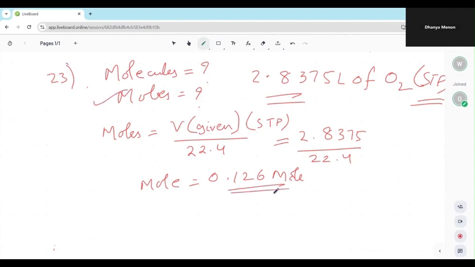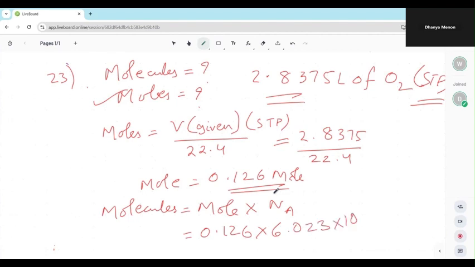Now, if you know the moles, you know the number of molecules. How do you find the number of molecules? The number of molecules equals moles times Avogadro number. 0.126 times 6.023 times 10 raised to 23, which comes to 7.5 times 10 raised to 22 molecules.